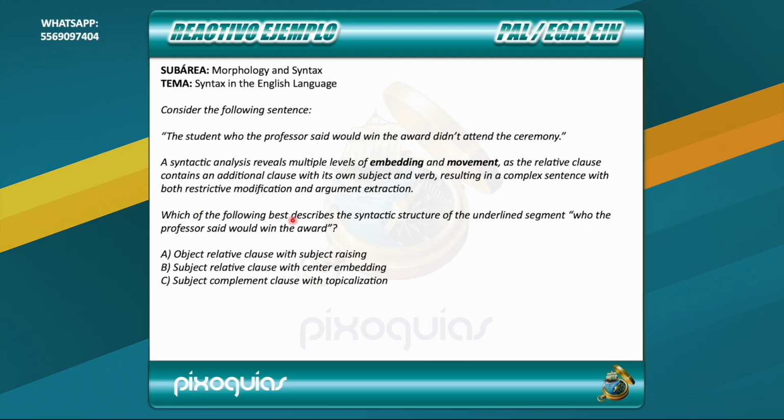Which of the following best describes the syntactic structure of the underlined segment? Who the professor said would win the award. A. Object relative clause with subject raising. B. Subject relative clause with center embedding. Or C. Subject complement clause with topicalization.